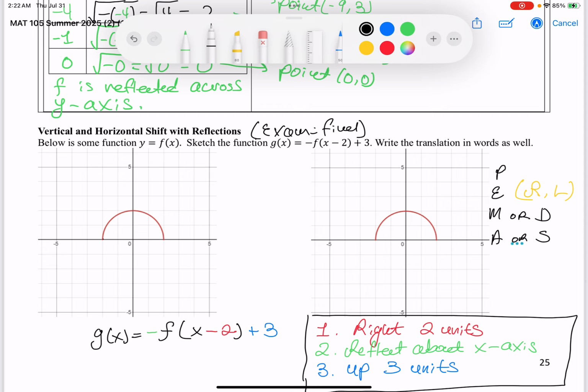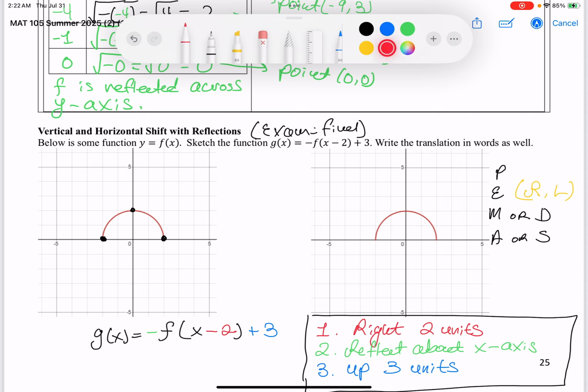So let's first label some points on this function. I'm going to perform one translation on this graph and then the other two on the next graph. And I'm going to use dashed lines for that. So the first one says you want to move to the right 2 units.